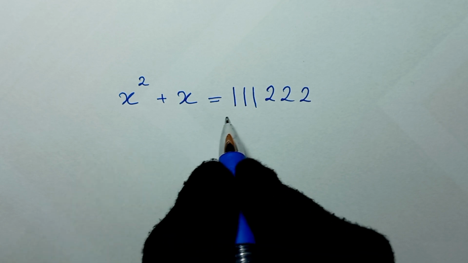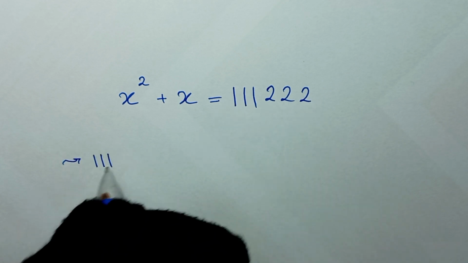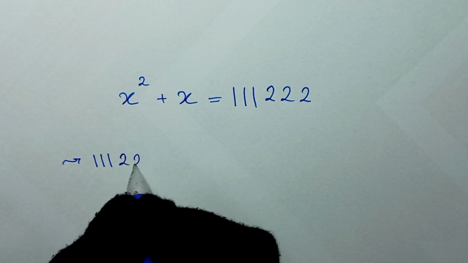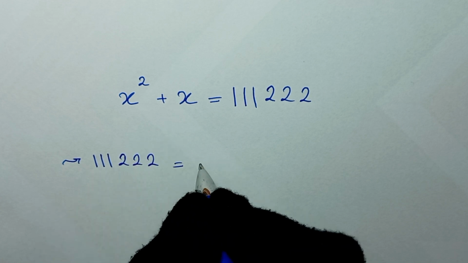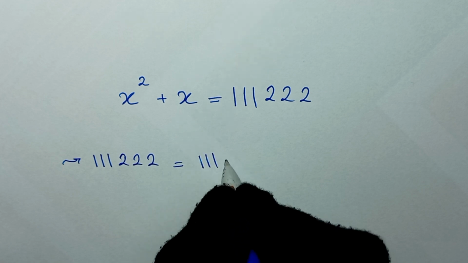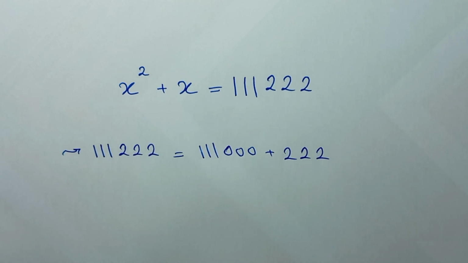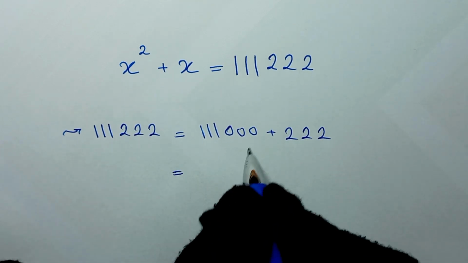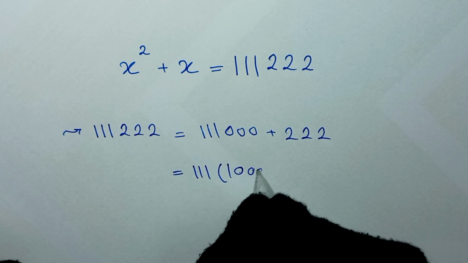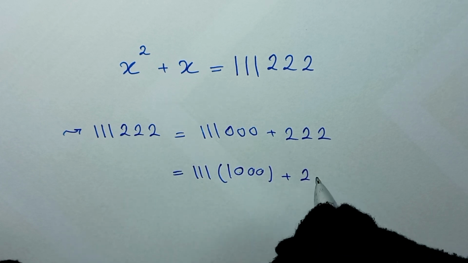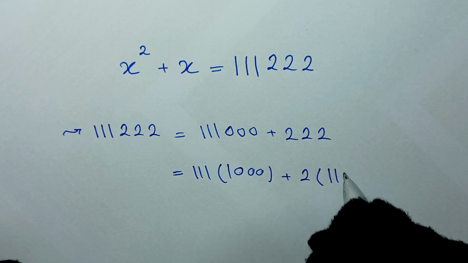In the first step, we write this number, 111,222, as 111,000 plus 222. We can write this as 111 times 1000 plus 222, which is 2 times 111.